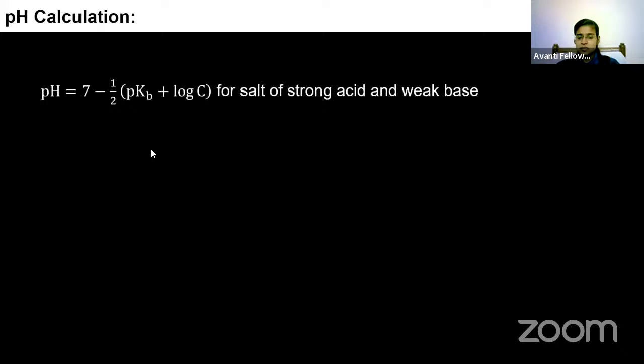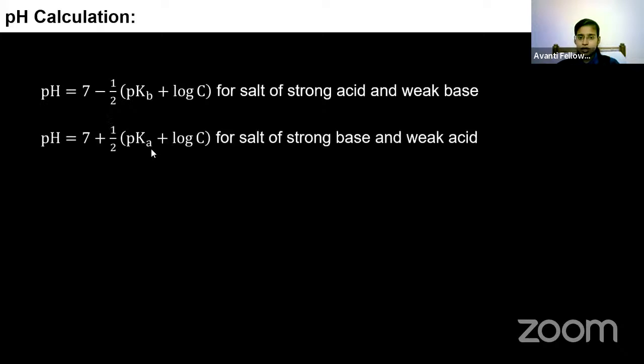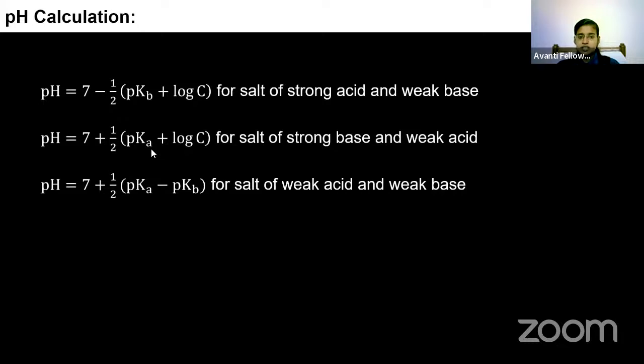So just take down the formula for these 3 combinations. For strong acid, weak base: pH is equal to 7 minus half of pKb plus log C. For strong base, weak acid: 7 plus half of pKa plus log C. And for weak acid, weak base: 7 plus half of pKa minus pKb. In the last formula, we won't use the logarithmic function and the concentration. It is just pKa minus pKb, and that is for weak acid, weak base. These are the 3 formulas you are going to learn for these 3 combinations.